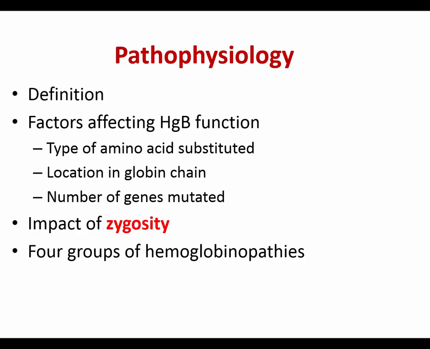I am going to introduce a couple of terms. Pay attention to them because it's going to make a big difference. You have to understand, after I'm done, the difference between disease and trait. Two different terminologies here.